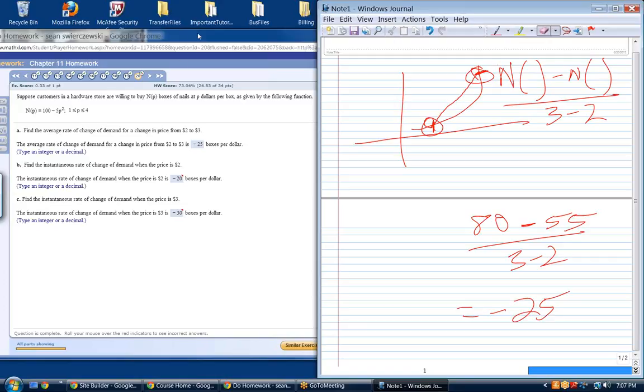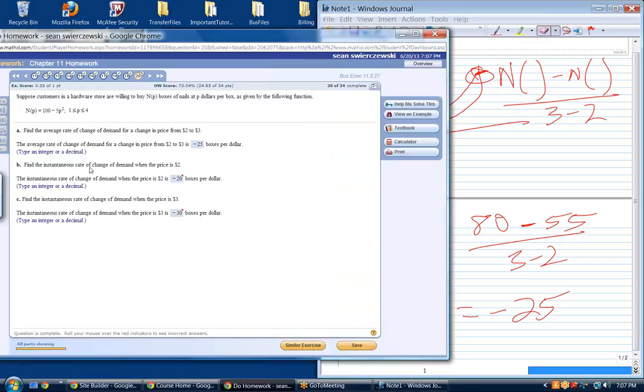Okay. Shall we look at B and C first? Find the instantaneous rate of change of demand when the price is 2. So how are we going to do that one? Yeah, I didn't know how to do these. Well, instantaneous rate of change is the first derivative.